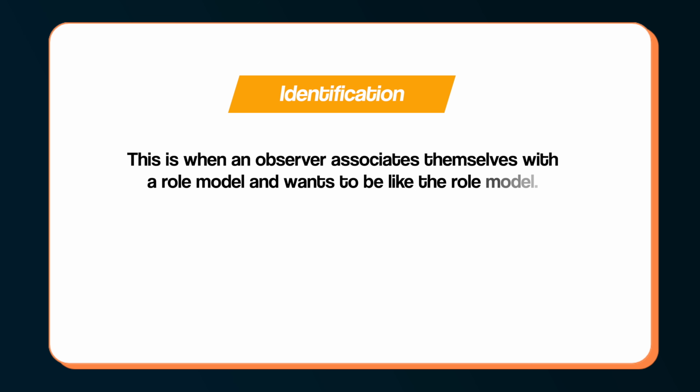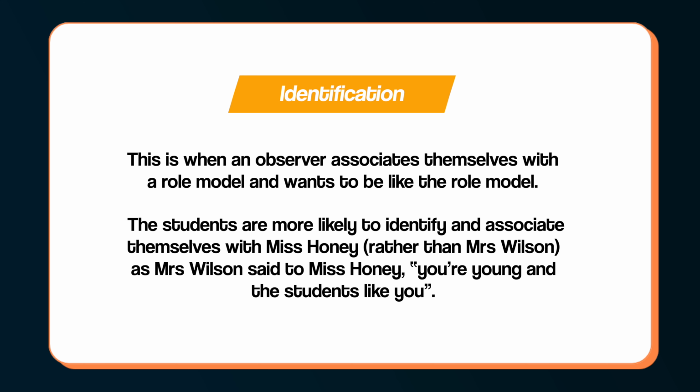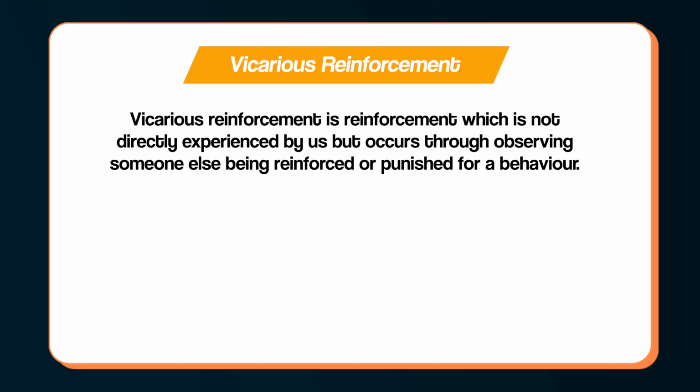Identification. This is when an observer associates themselves with a role model and wants to be like the role model. The students are more likely to identify and associate themselves with Miss Honey rather than Mrs. Wilson, as Mrs. Wilson said to Miss Honey, "You're young and the students like you." Vicarious reinforcement is reinforcement which is not directly experienced by us but occurs through observing someone else being reinforced for a behaviour.